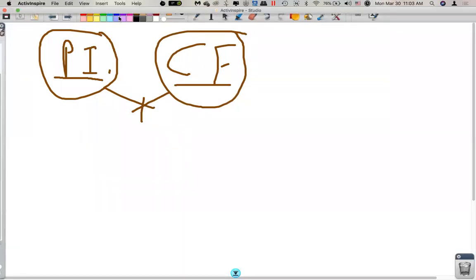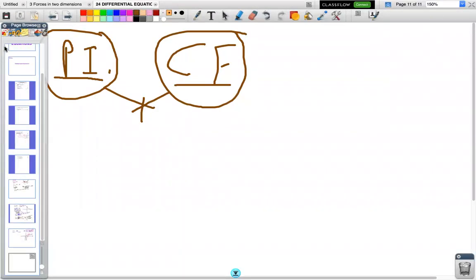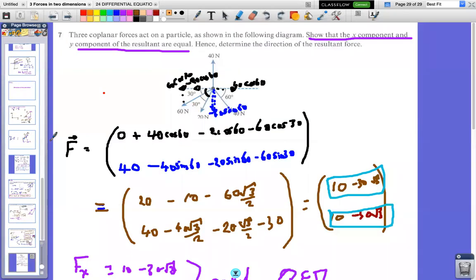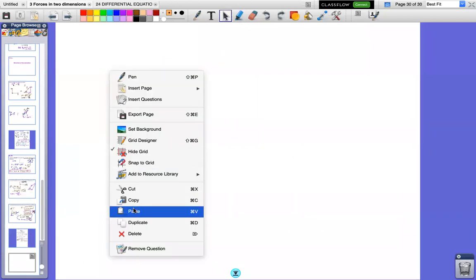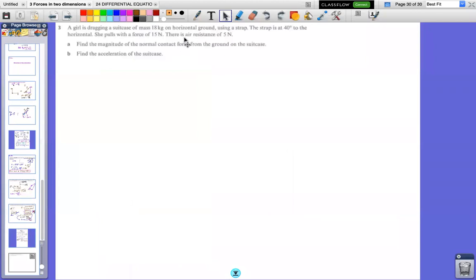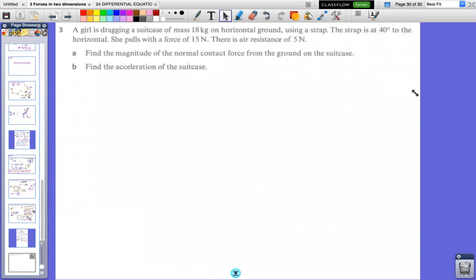Huh? See, I cannot hear him. Okay, it's not very clear here, but it's okay.